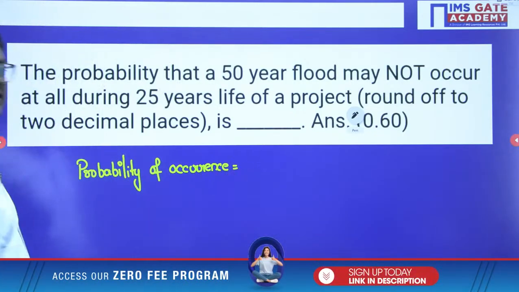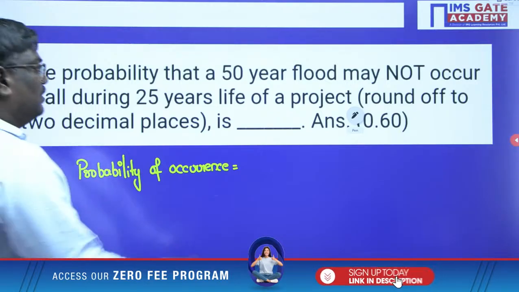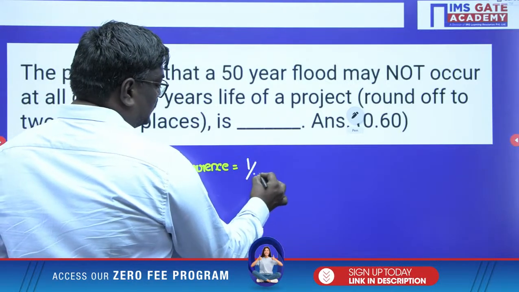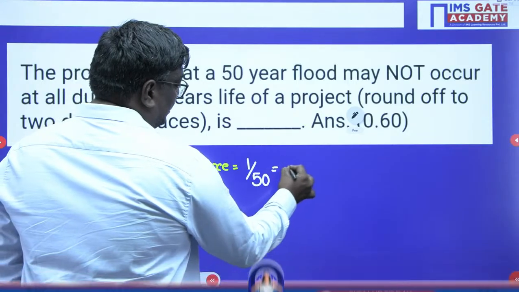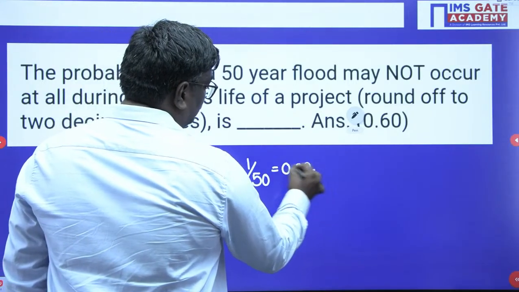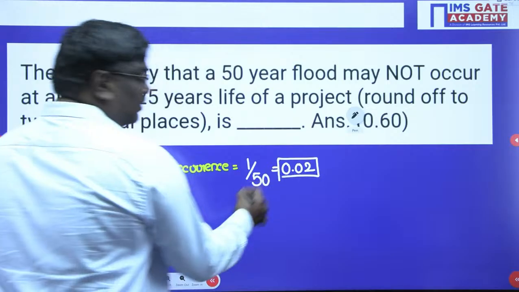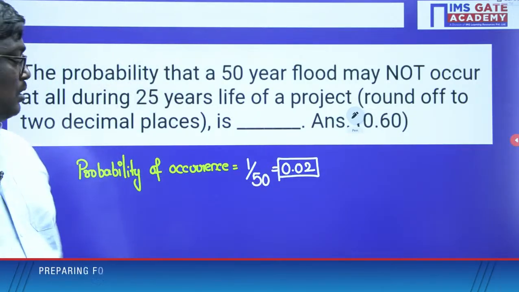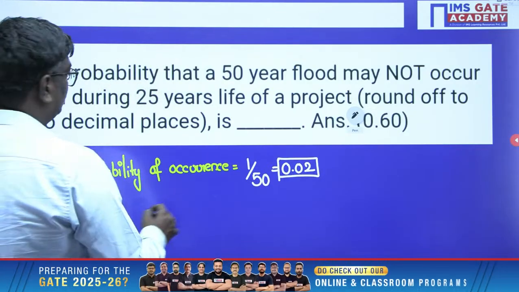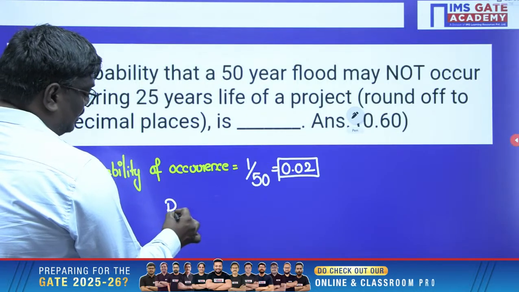The probability of occurrence, you can write as 1 by 50. It is nothing but 0.02.